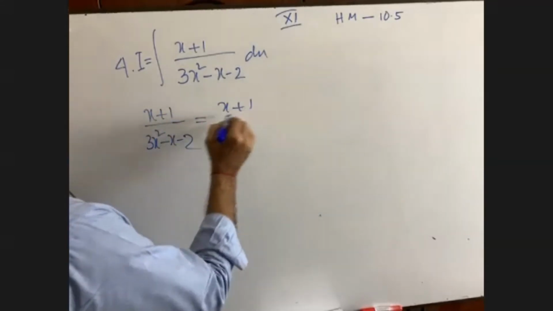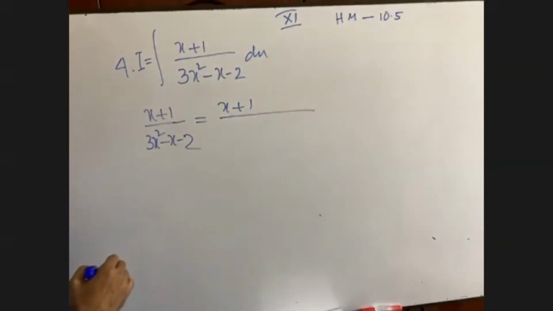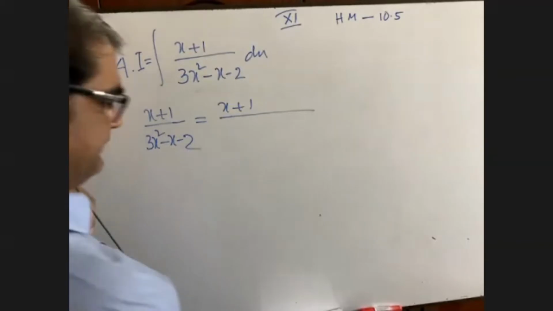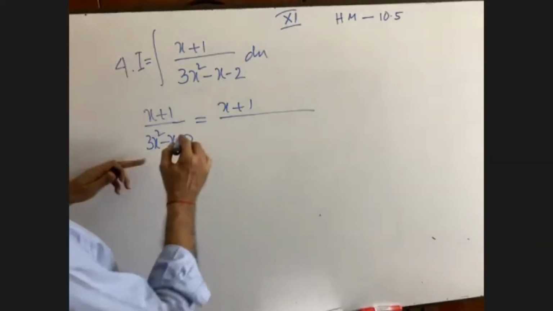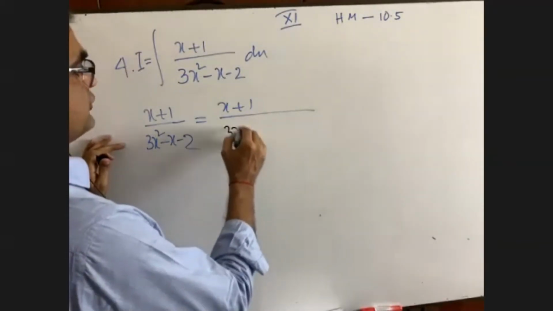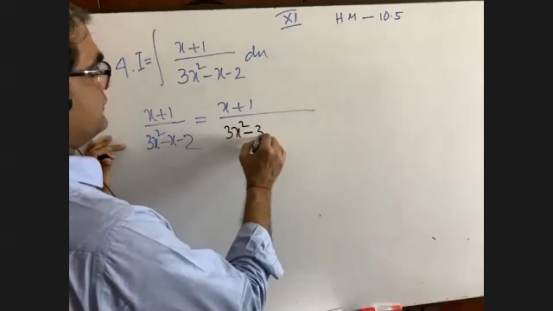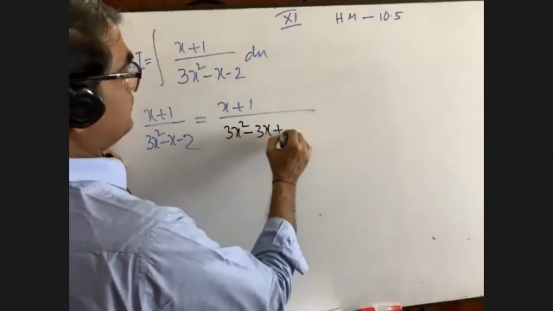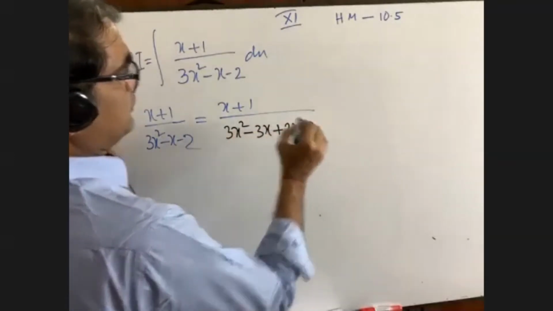Can you please resolve it into factors? You factorize it. We'll get 3x square minus 3x plus 2x minus 2.